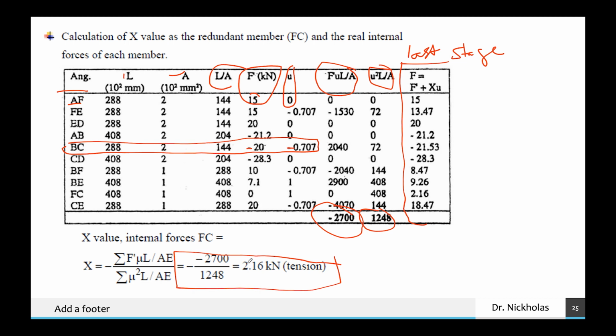This value will be included in this equation, so we can see this is the calculated internal forces, and we can find the actual internal forces. Okay, so this is our final answer.